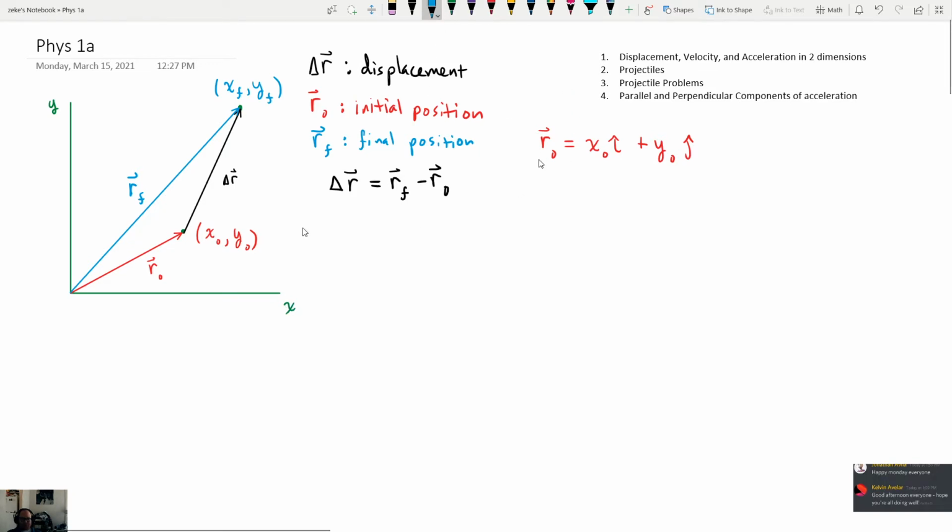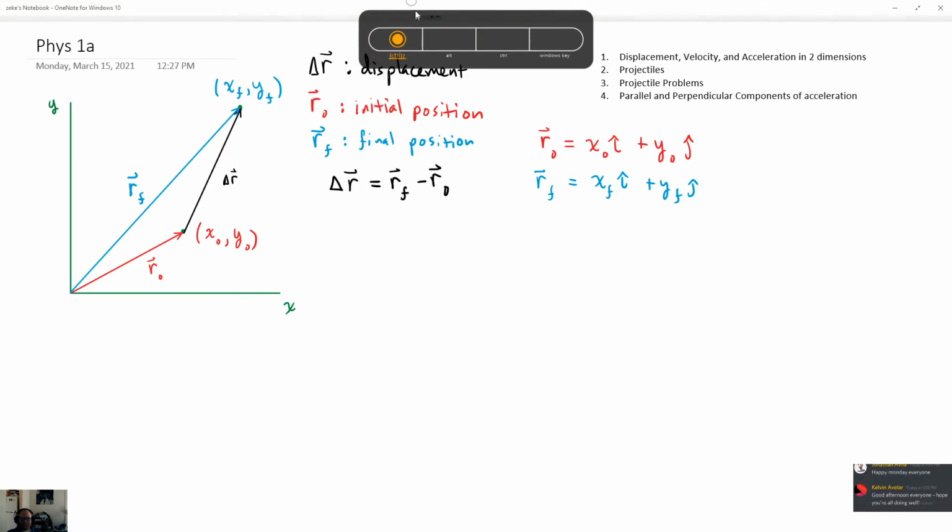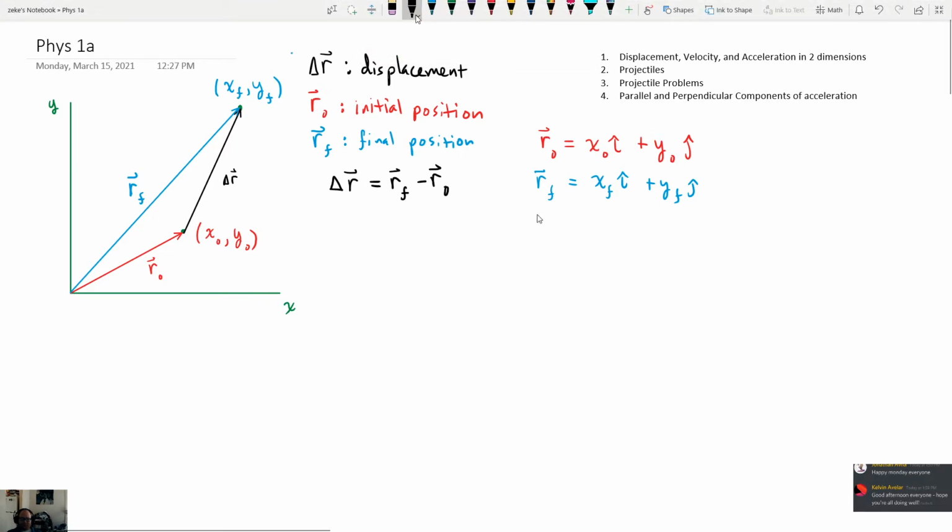We can do the same thing for each of our vectors. Our final position would be given by the final x coordinate times i hat plus the final y coordinate times j hat. And then delta R we could write like this: delta R would be equal to the change in x times i hat plus the change in y times j hat.